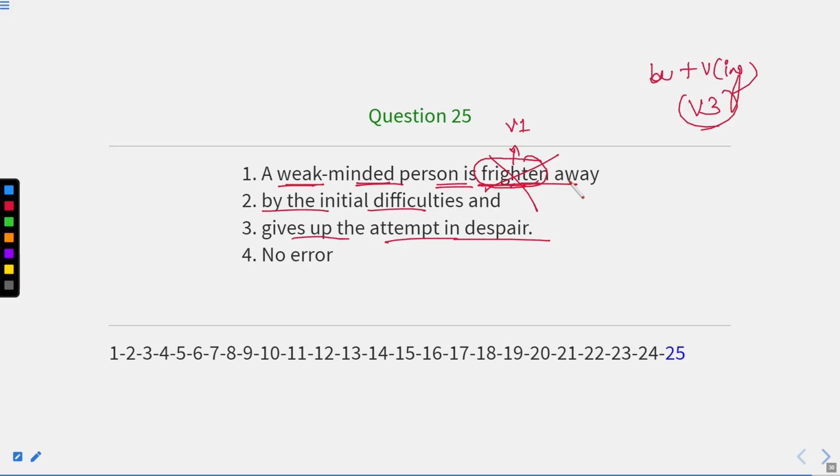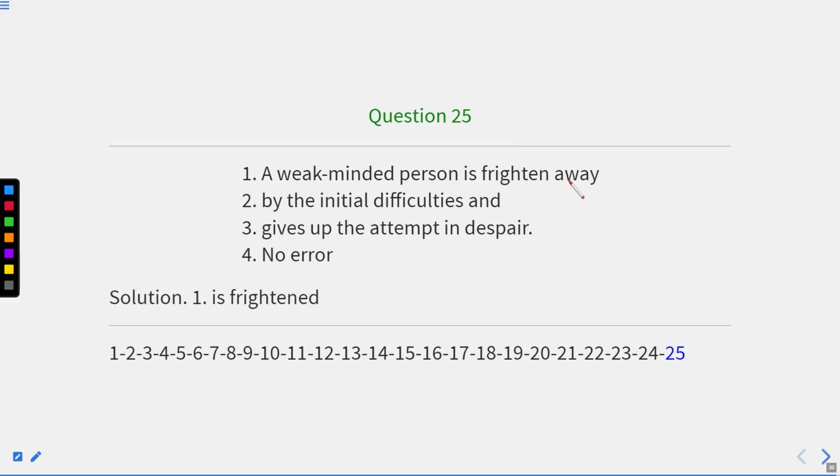So if we know this much, that yes, this part is incorrect, that means we will get our answer. But how to rectify it is not actually the requirement of the question. Therefore, the first is the correct answer, that is frightened. Okay, so the correct form will come in place of frightened. So here the first part contains the error, where this frightened should be replaced with the correct form.